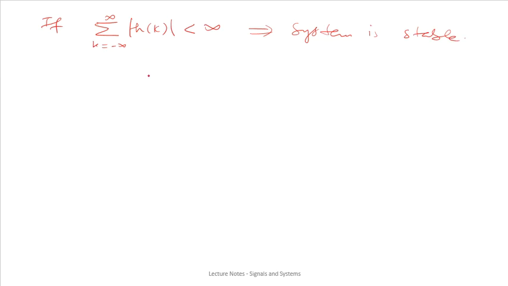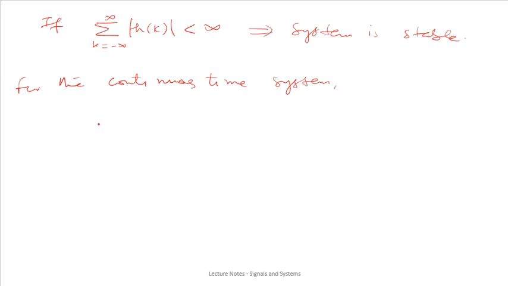Now in an analogous way you can also obtain the relation for the continuous time case. So for a continuous time system, the system will be stable if the impulse response is absolutely integrable.